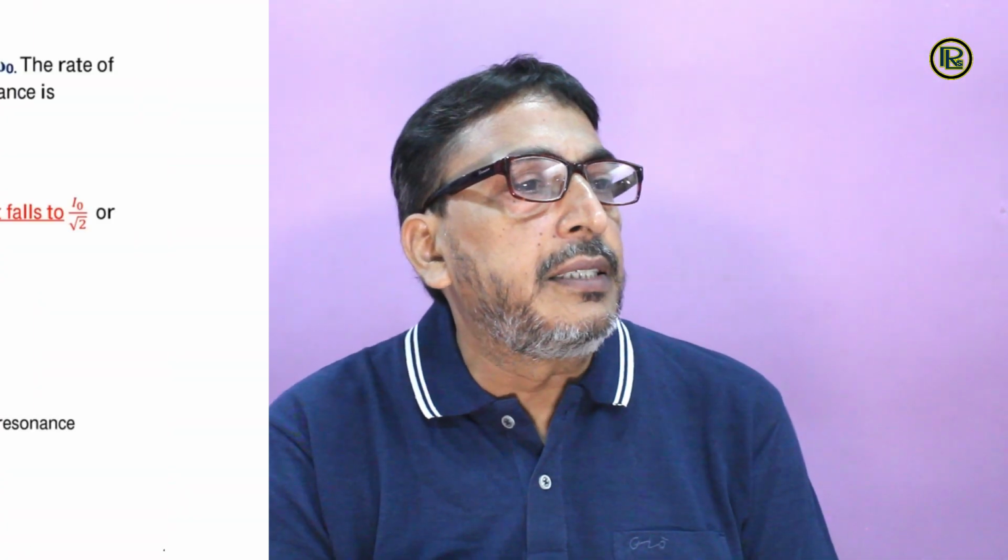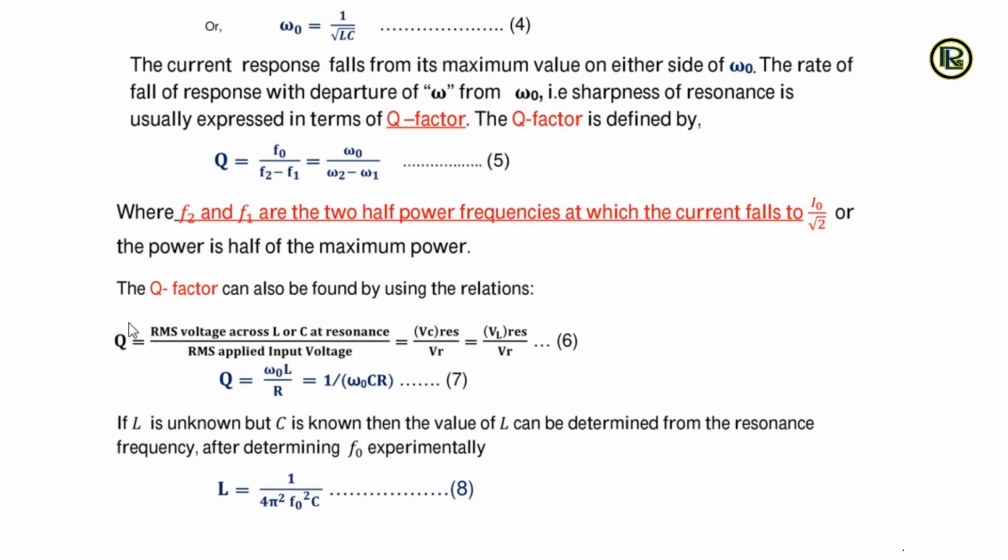The Q factor or the quality factor can also be found by using the relation Q is equal to the voltage across L or C at resonance frequency divided by the applied input voltage.